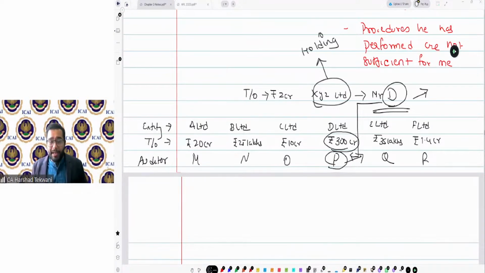Any doubt till now? And at times, the principal auditor is required to test by himself. So he might ask the other auditor, please provide me the written summary, a completed questionnaire or checklist, or the principal auditor may also wish to visit the other auditor and perform some other procedures.